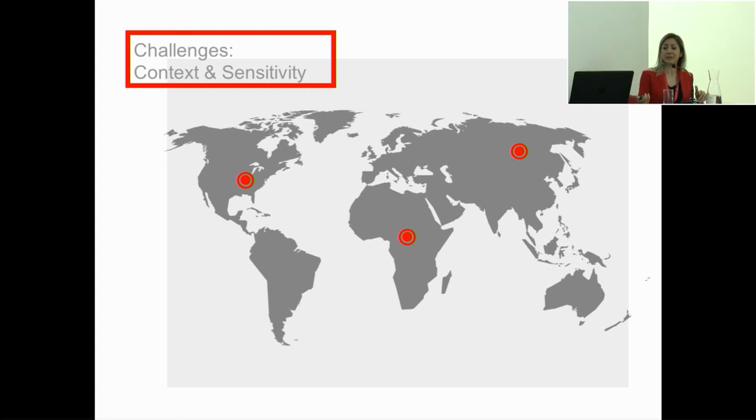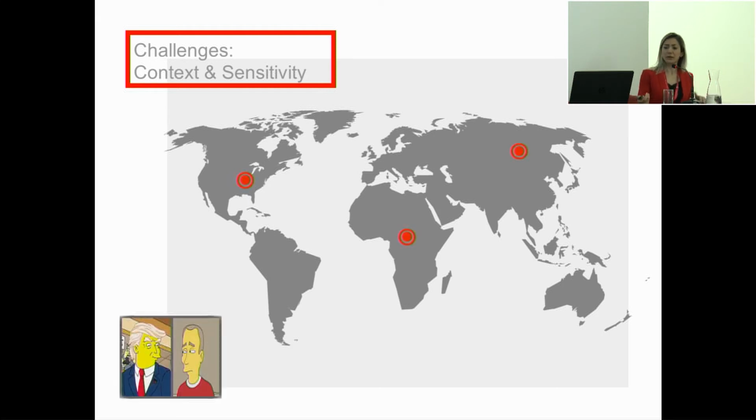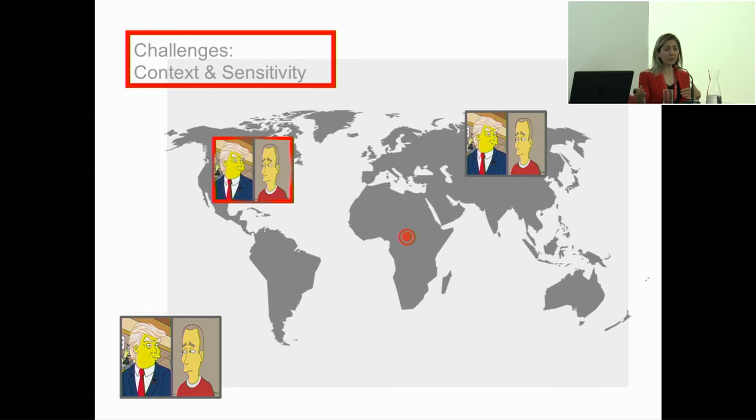So let's take this scenario of a recent event, in which this photo could be viewed in different contexts, and depending on the context, the sensitivity of this photo might vary.